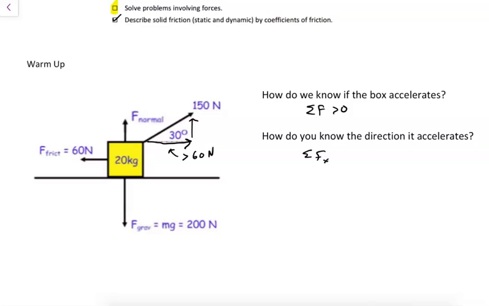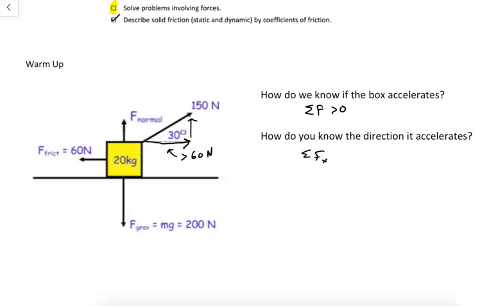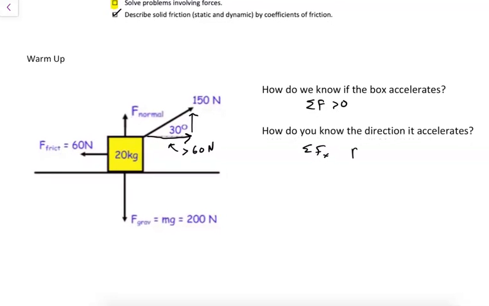Since the normal force is greater than 0, we know that it's sitting on the ground or moving on the ground, because it is in contact with the ground. If there was no normal force, then it might be lifted upward. But all we focus on is whether it is moving in the horizontal direction. So is the net force in the x direction positive or negative?